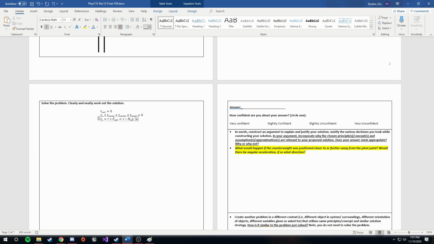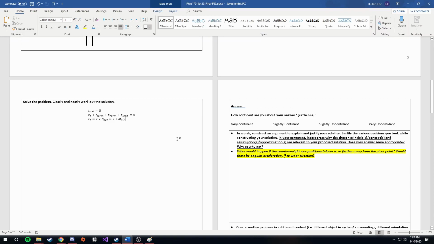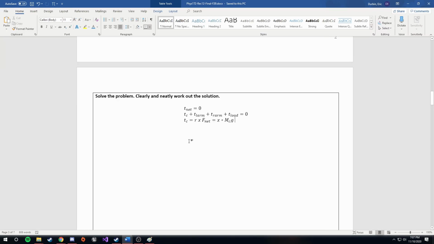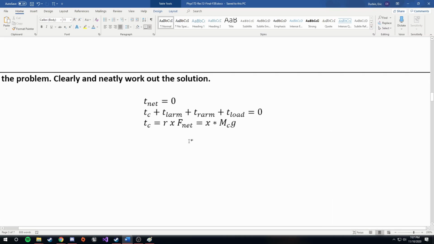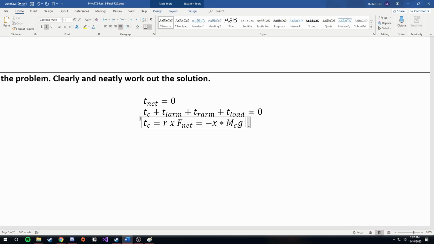Okay, wait. We do that for every torque. Yes. Is it negative? This would be negative. Okay.